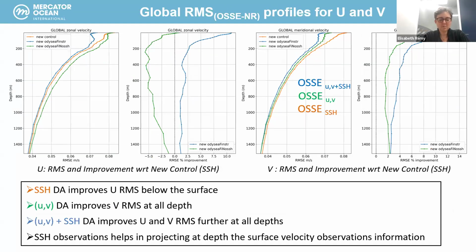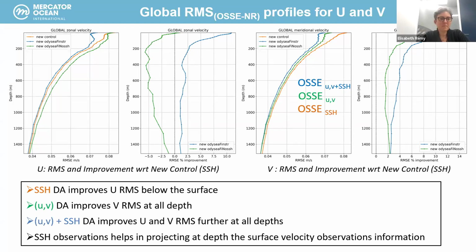Since we are assimilating surface observations and surface velocity, we want to know if we can see improvement, or it may happen degradation, when we project this information from the surface onto the water column.